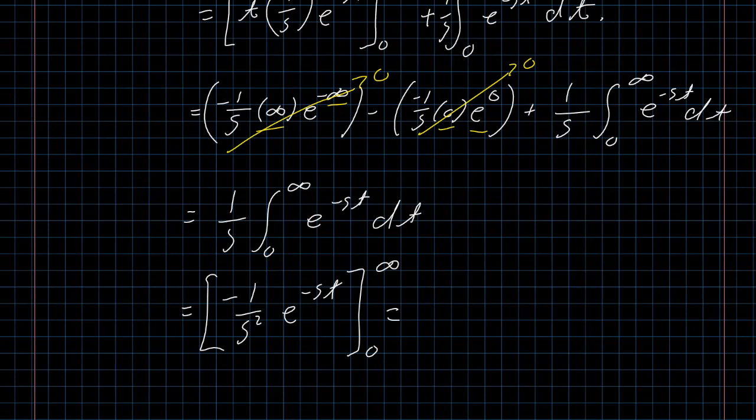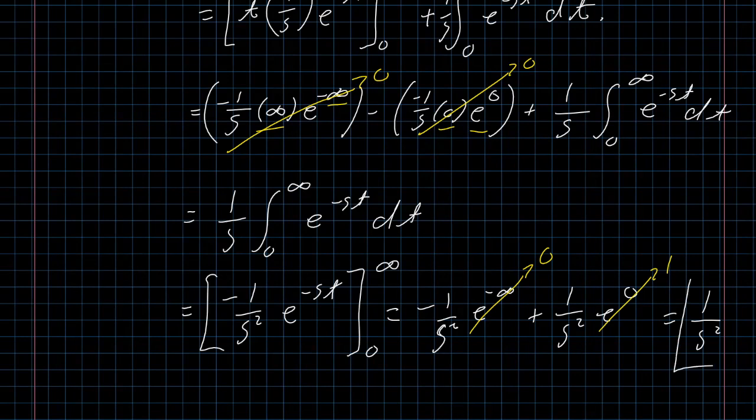When we evaluate at infinity, we get minus 1 over s squared times e to the minus infinity. When we evaluate at 0, we get plus 1 over s squared times e to the 0. E to the minus infinity is 0. E to the 0 is 1. All told, we get that the Laplace transform of t is 1 over s squared.